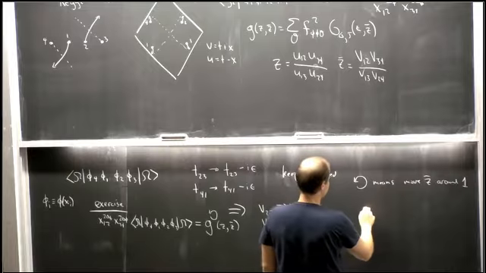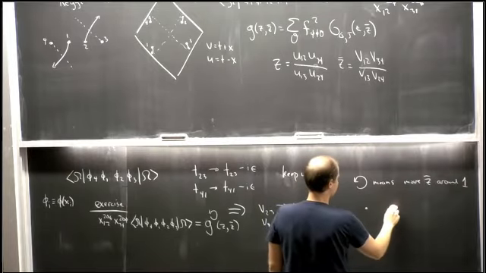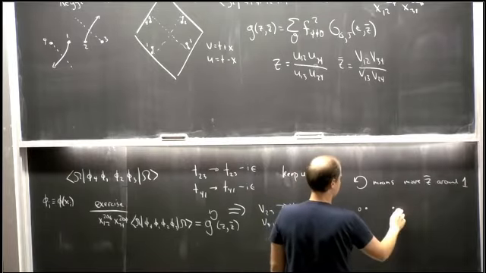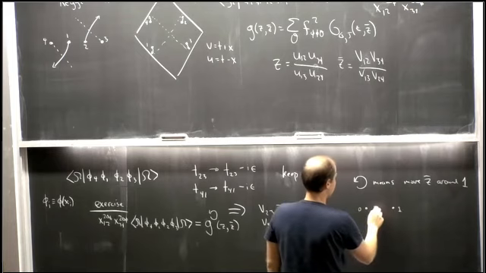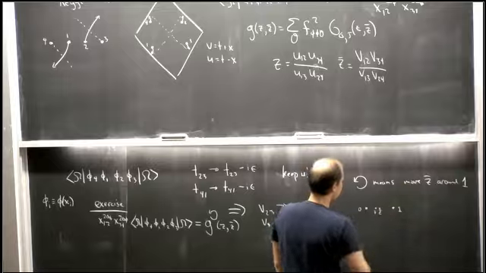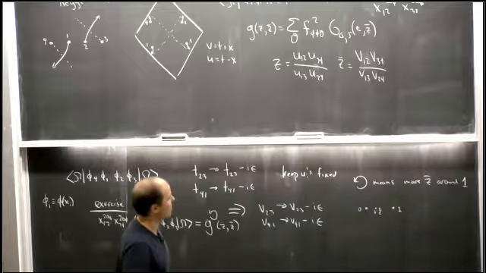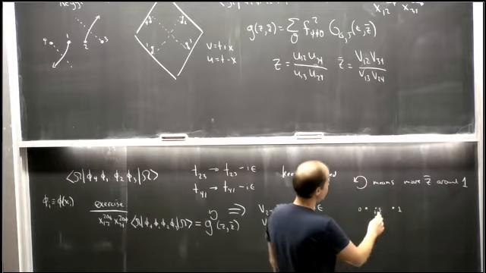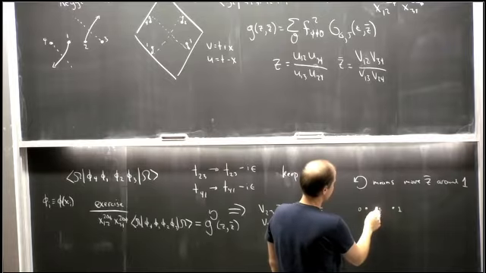So the claim is that in cross ratio space, here's 0 and here's 1, we start with z and z bar both real in between 0 and 1. When we move into Lorentzian kinematics, when we move into Regge kinematics, z will just stay between 0 and 1, and nothing much interesting will happen to it.